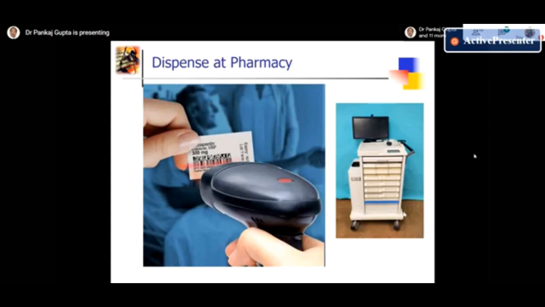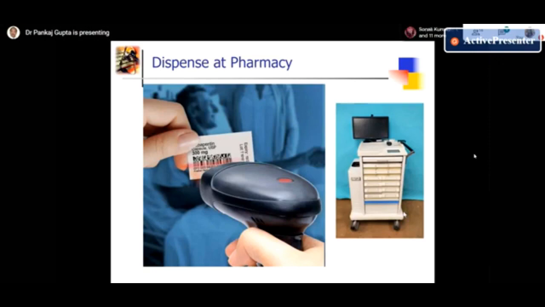By law, a pharmacist is allowed to do that, so the CPOE system allows you to do that. The BCMA system has this flexibility built in. Any question on that?